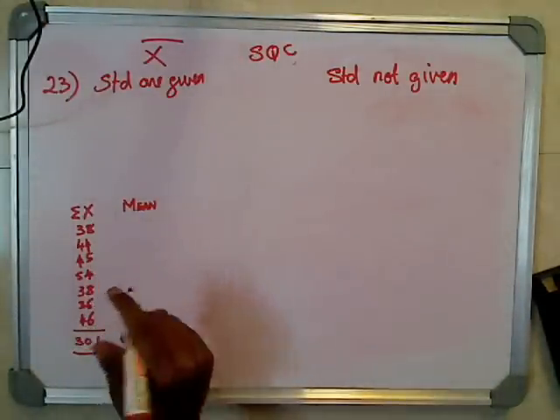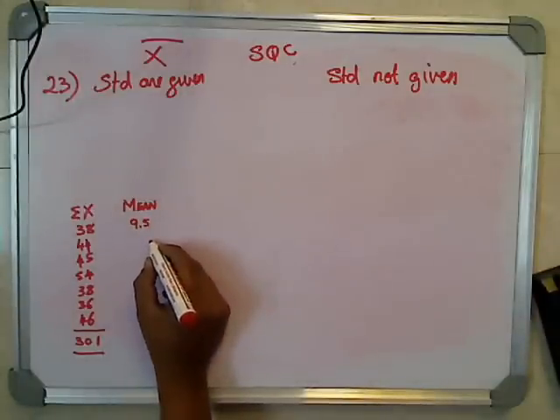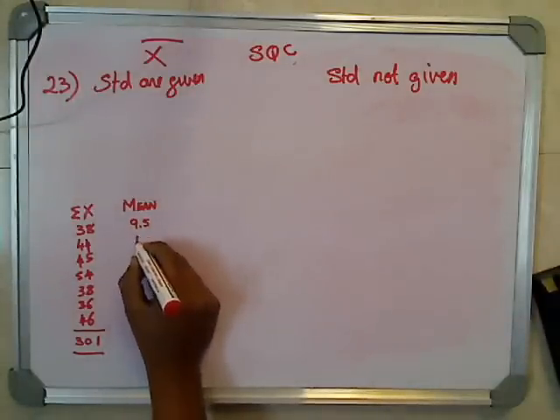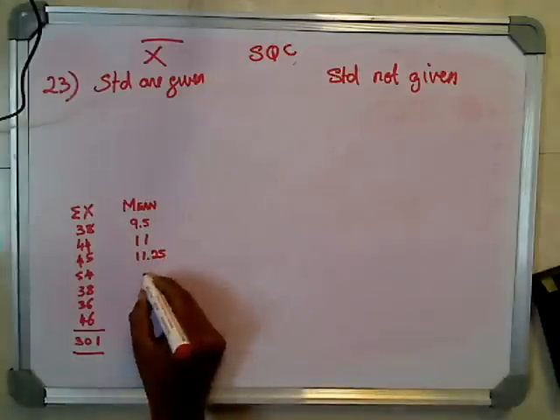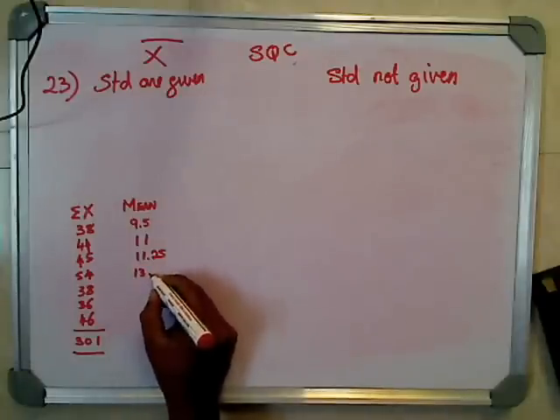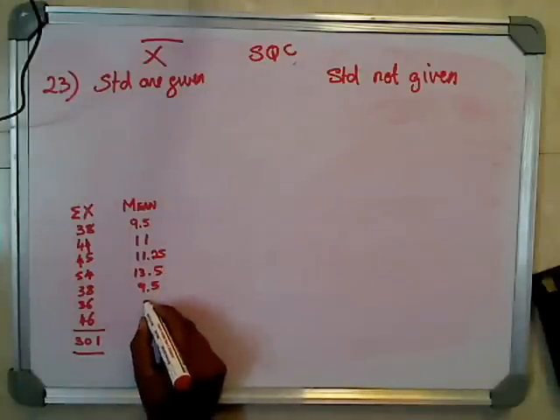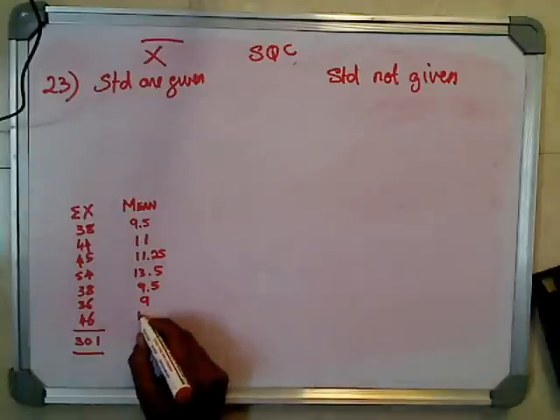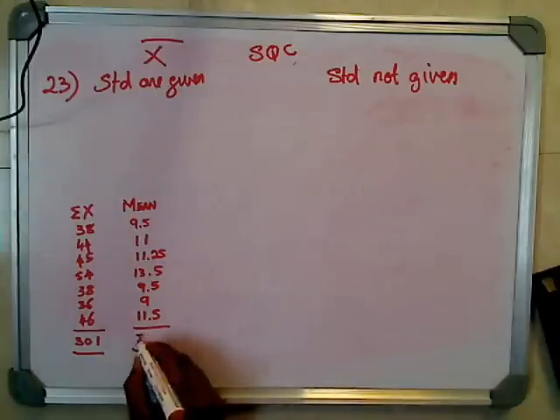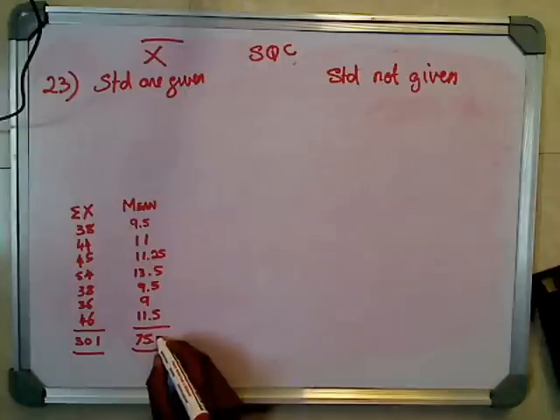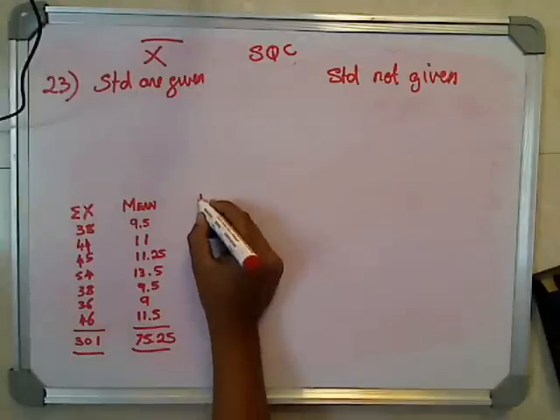Now divide 38 by 4 and you get 9.5, 11, 11.25, 13.5, 9.5, 9 and 11.5. Take the total of this, it should come to 75.25.